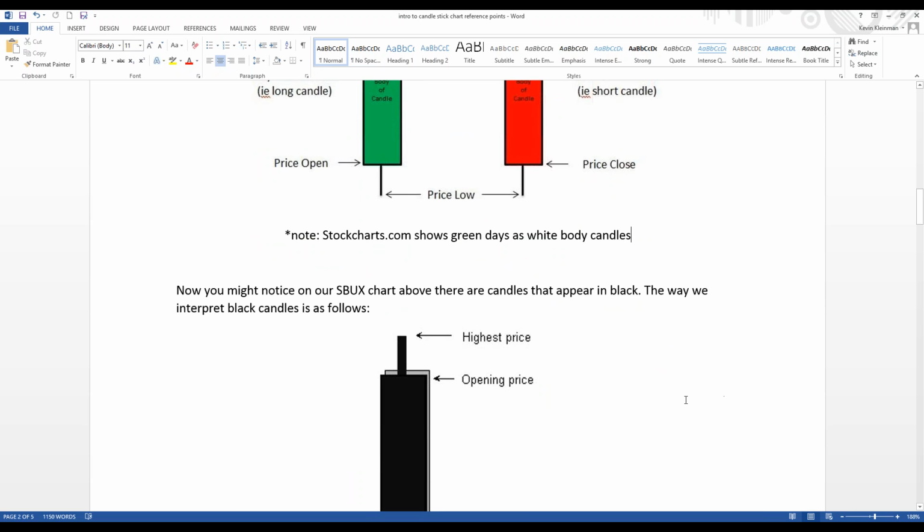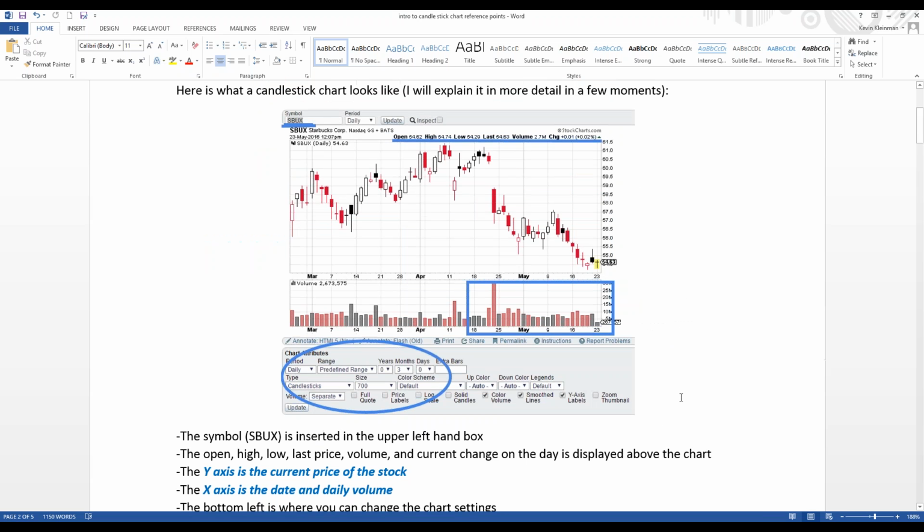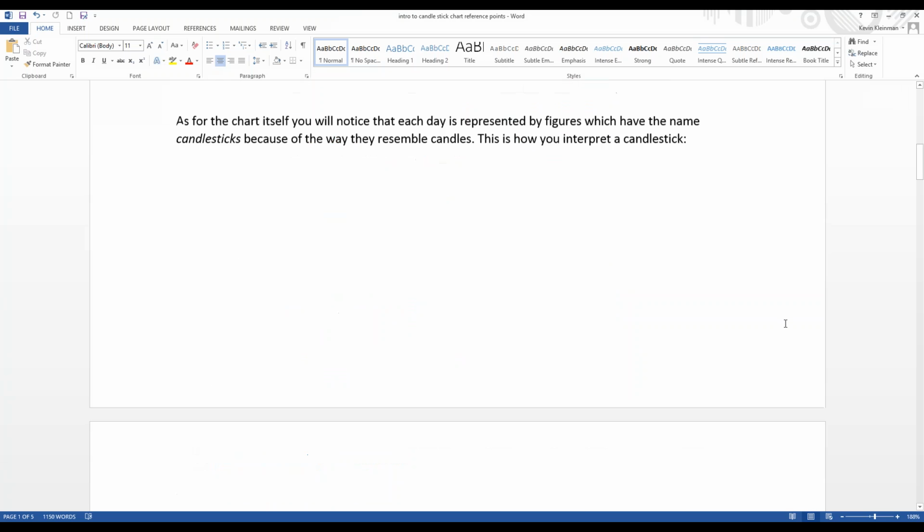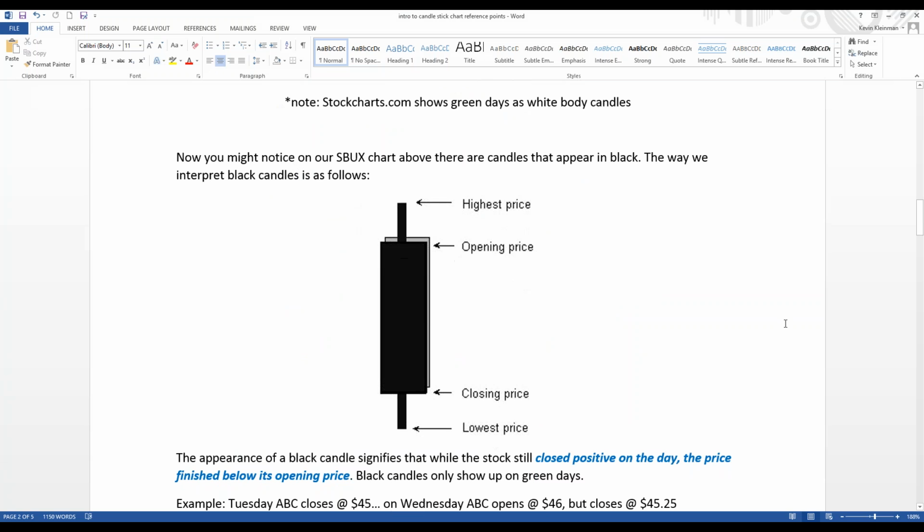Now you might have noticed on our Starbucks chart we've got a couple black colored candles like this and this and this. What do those black colors mean? So on a black candle day, it means that while the stock closed positive on the day, the price finished below its opening price.